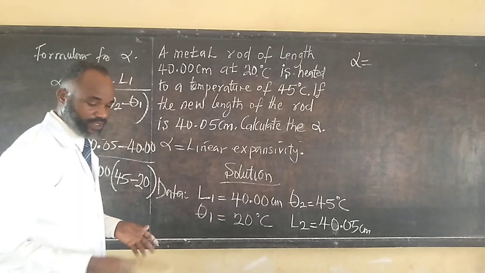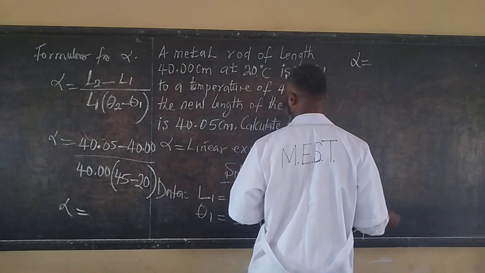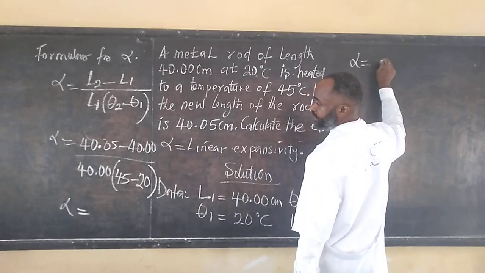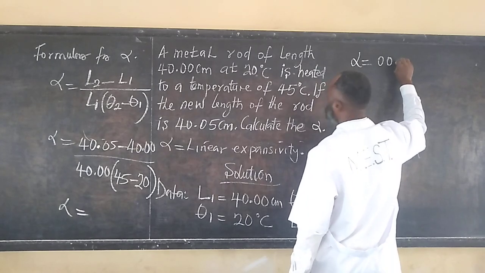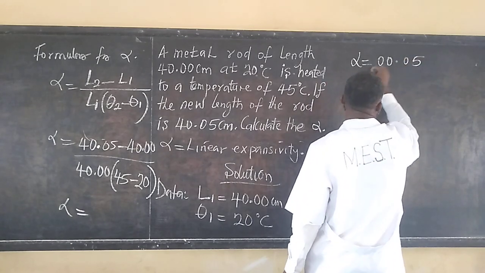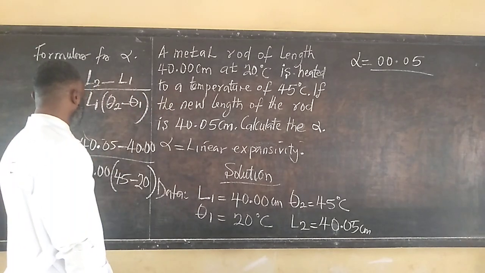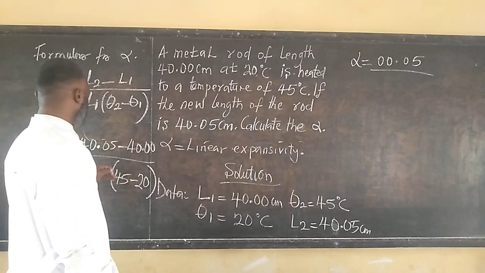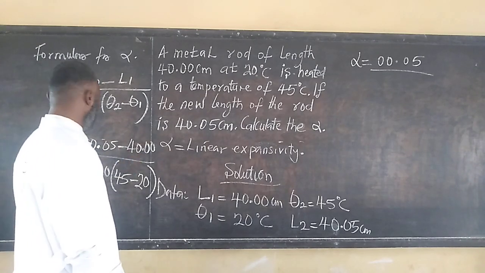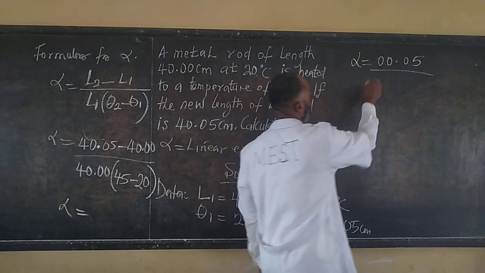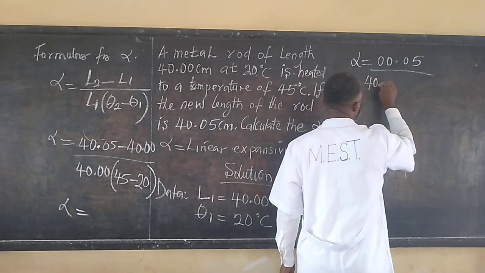If we said that, it means 40.05 minus 40 is going to be 0.05, all over 40.00.